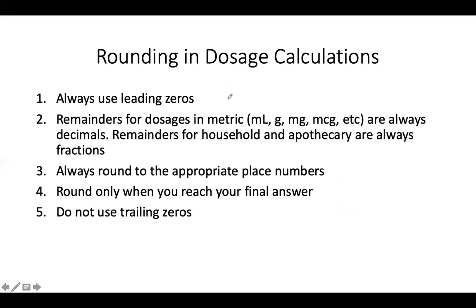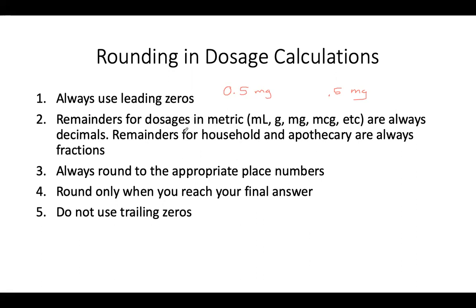So for example, if the dose is 0.5 milligrams, we write it as 0.5 milligrams. And the reason for that is if you were writing and you just put .5, a person could look at this and just see the 5 and not the decimal point, and give, you know, a much larger dose than was intended.